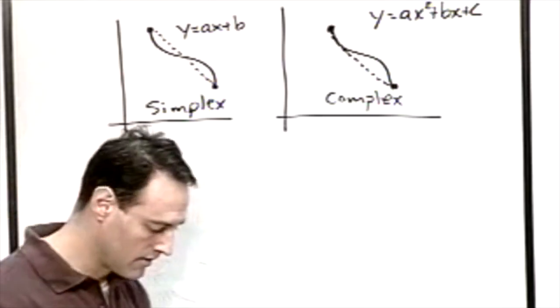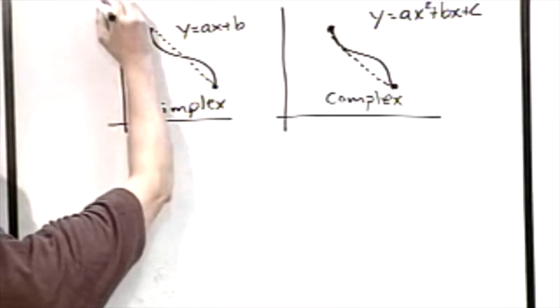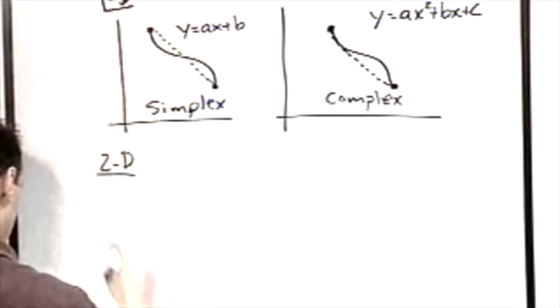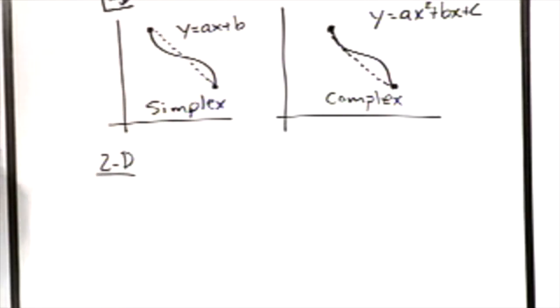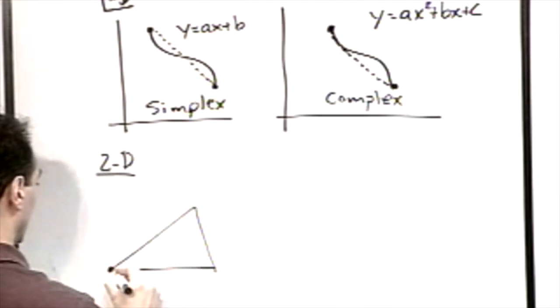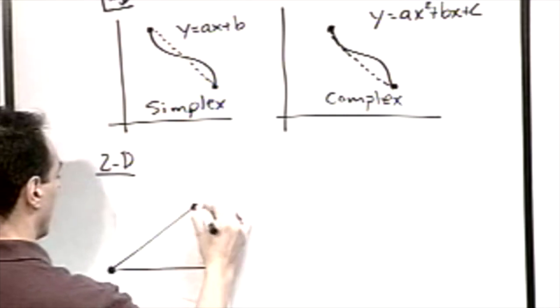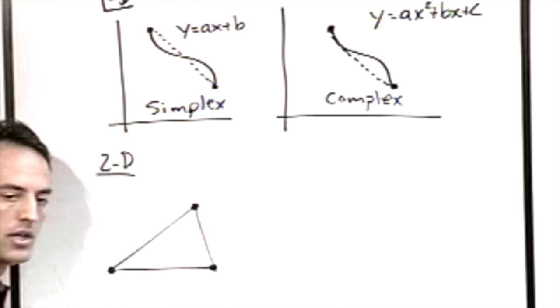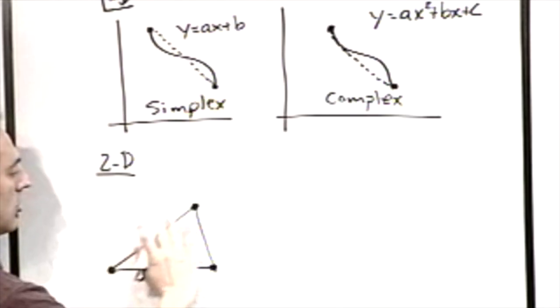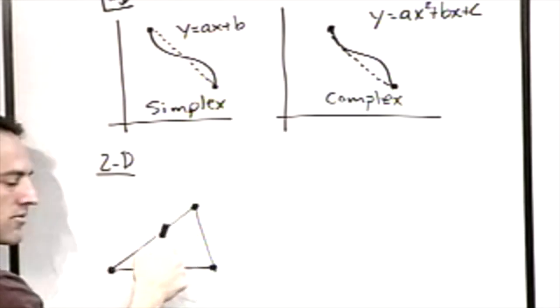Okay? Now I've got 2D. So this is 1D. In 2D, a simplex method uses triangles, where each point of the triangle is there. And what you try to do in between is these have certain values, and you are trying to basically write down the equation for the plane.